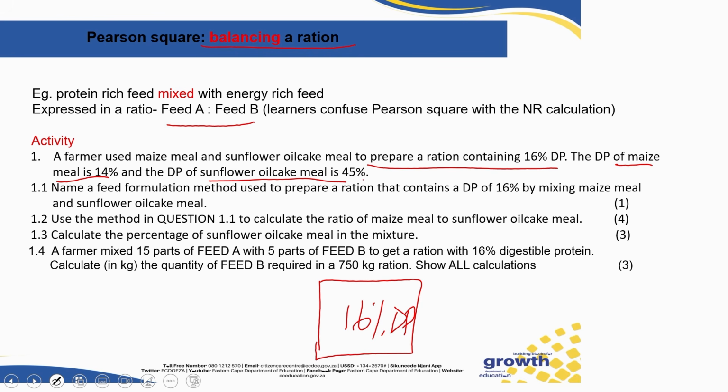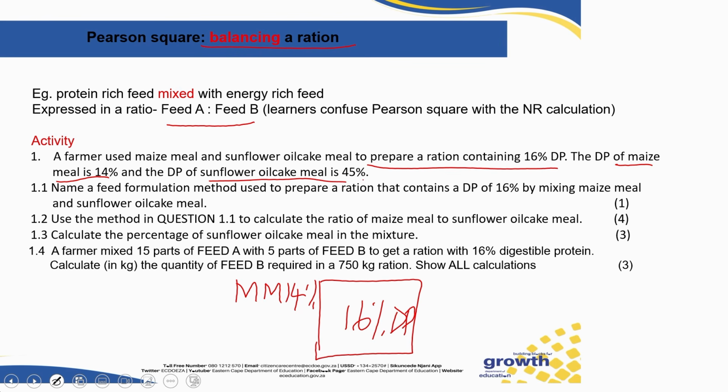I will use abbreviations, Mfundi. The DP of maize meal is 14%. So the first feed that you are given, you put in the top left corner of the square: the maize meal with a DP of 14%.